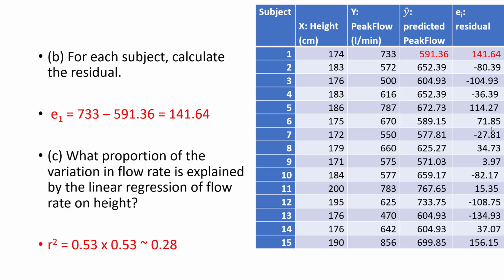An easy way to answer the third question is simply to take the square of the correlation coefficient. Based on this, the proportion of the variation in peak flow rate that is explained by the linear relationship is 0.28. Apparently, the majority of the variation in the peak flow rate is captured by other factors.